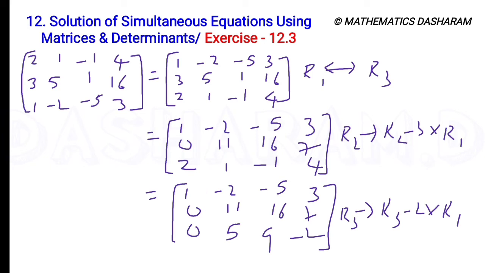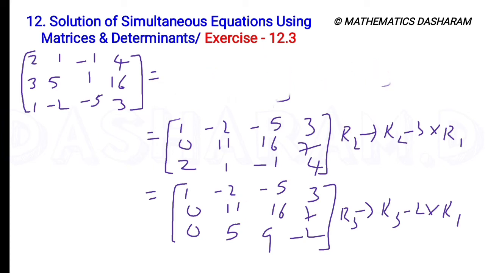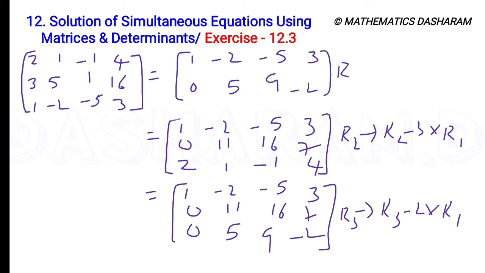Next, the second column. In the second column the middle one should be a 1. Let me remove this. The first row I write as it is: 1, minus 2, minus 5, 3, and the last row also as it is: 0, 5, 9, minus 2. Now R2 is replaced with R2 divided by 11, because to get the 1 at this place we divide by 11.